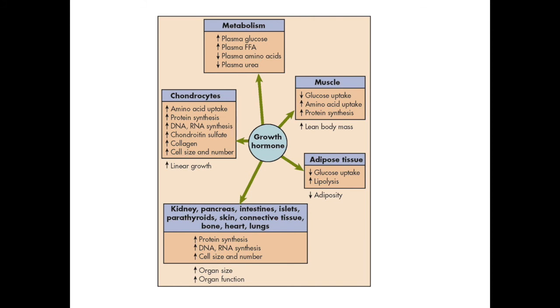The functions of growth hormone antagonize insulin's effects on carbohydrate and fat metabolism, and it supports the effects of glucagon, epinephrine, and cortisol in the effects of carbohydrate and fat metabolism, whereas its effects on amino acid uptake and protein synthesis parallel insulin's actions.